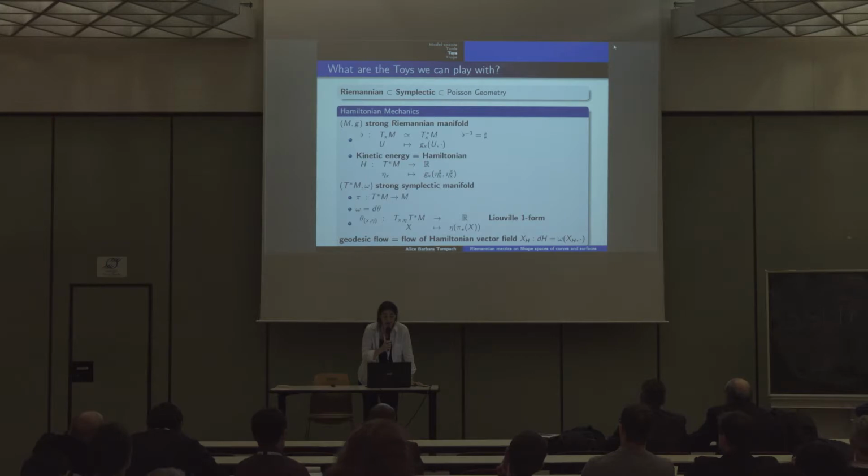And you map this X into R by applying η to the projection on the base of X. So this is really a natural construction. And then if you look at the flow of the Hamiltonian vector field related to this Hamiltonian function, then you end up with the geodesic flow from the metric.